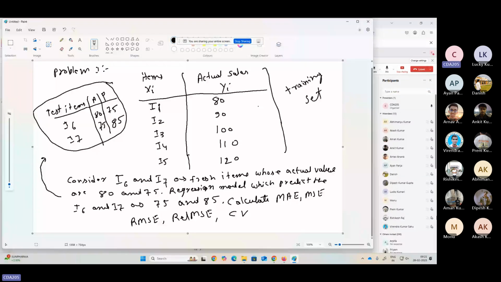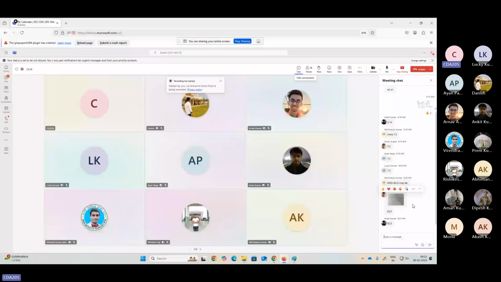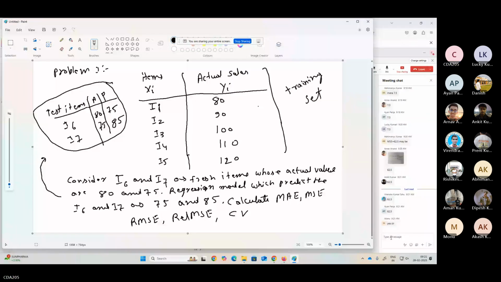Kindly you all also solve the problem. Yes, Monu, what is the answer coming for MSE? 62.5. So I think many persons are getting 62.5. So it is okay. 62.5 is the MSE.